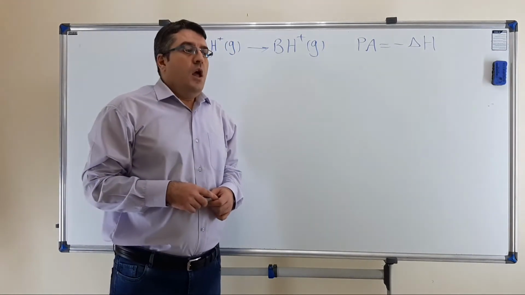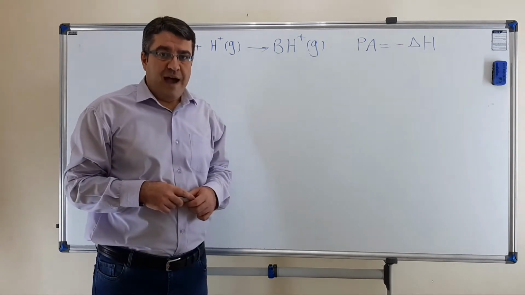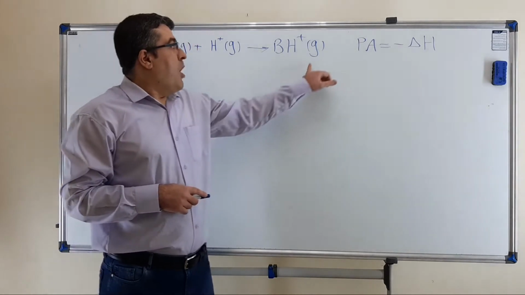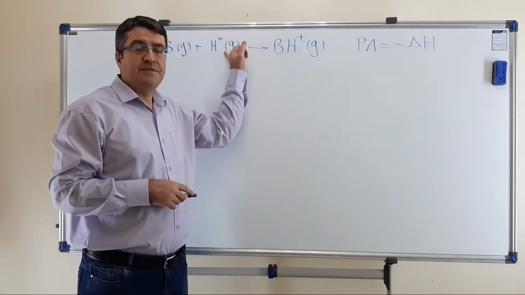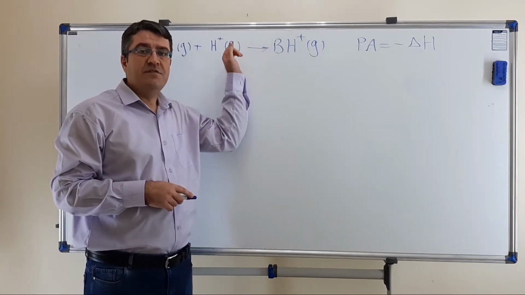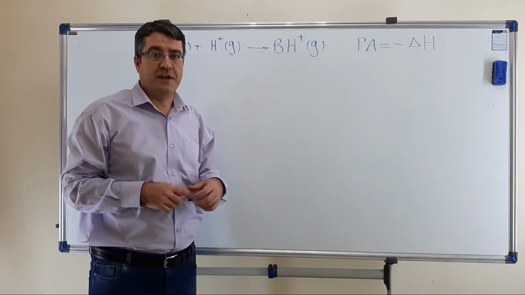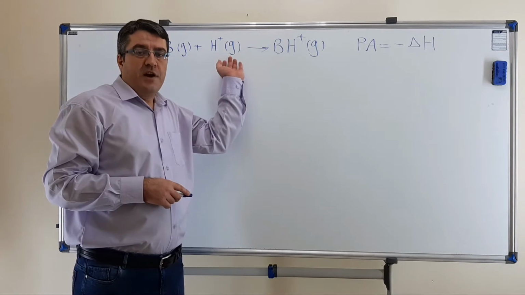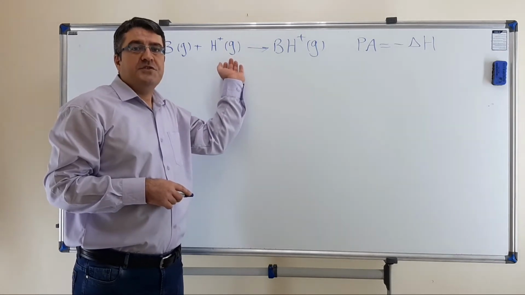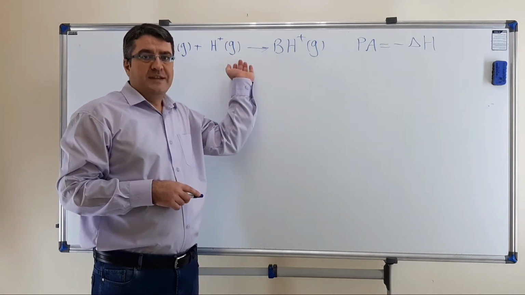Although we should pay attention to the fact that among different Lewis acids, the proton in gas phase, H+ in gas phase, is very different and specific. It doesn't have any inner electrons, a property which is not shared by other Lewis acids.